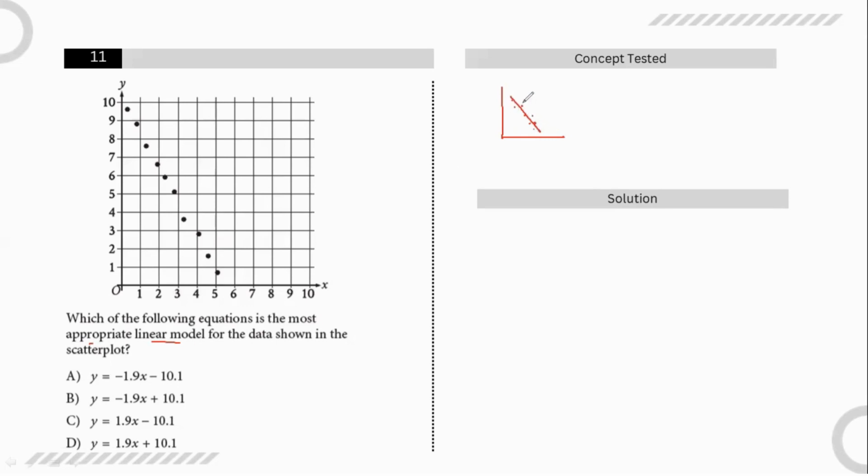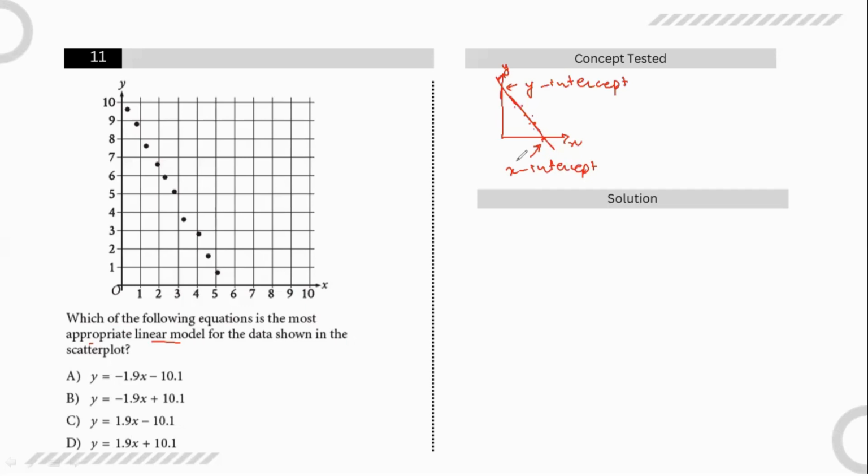The concept also is that if we extend this line, the point where this line intersects the y-axis, this is the y-axis, this is the x-axis, will be known as the y-intercept, right? And the point where the line intersects the x-axis is the x-intercept.